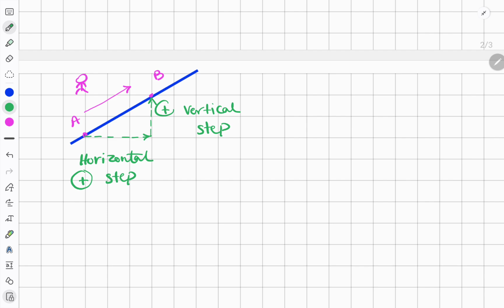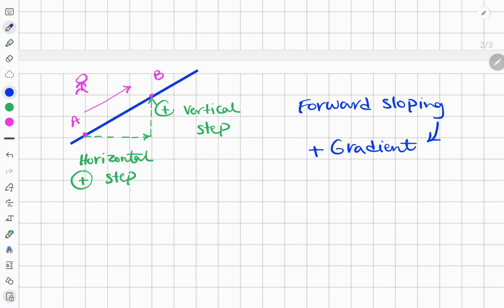But because horizontal step and vertical step are both a positive value, we call this type of lines forward sloping. And the gradient of such lines is positive. So with positive gradient.